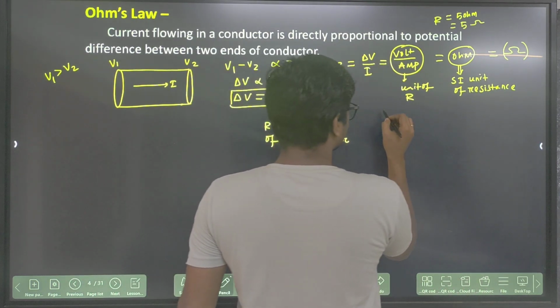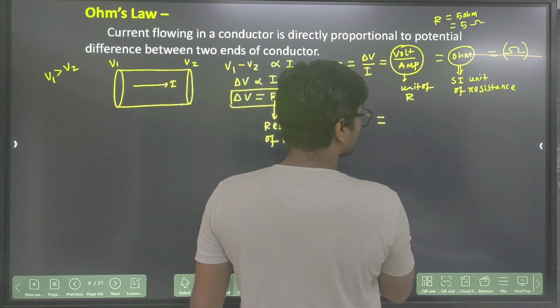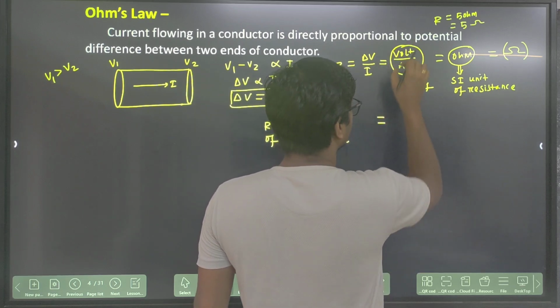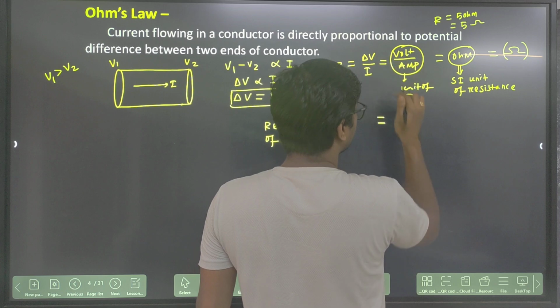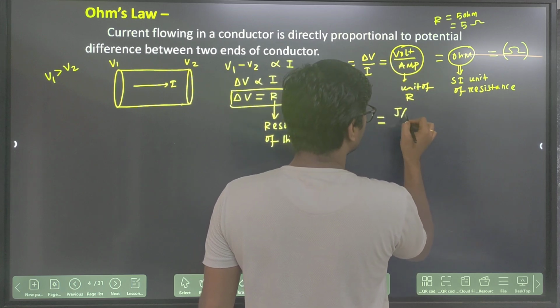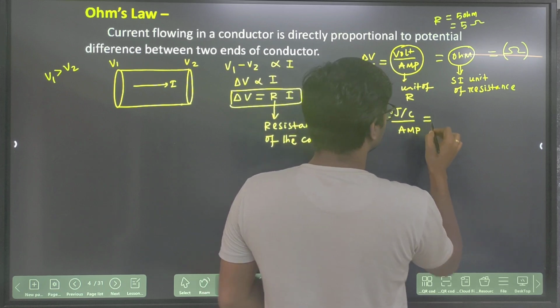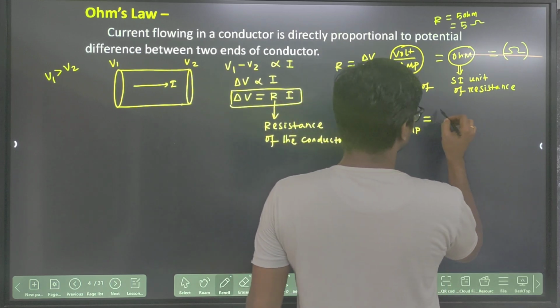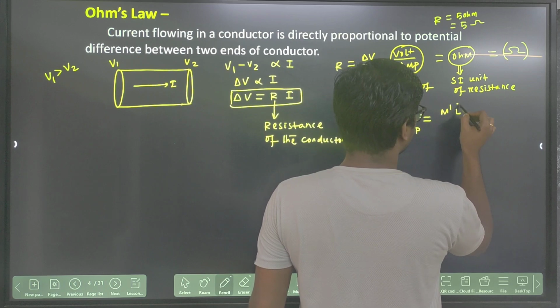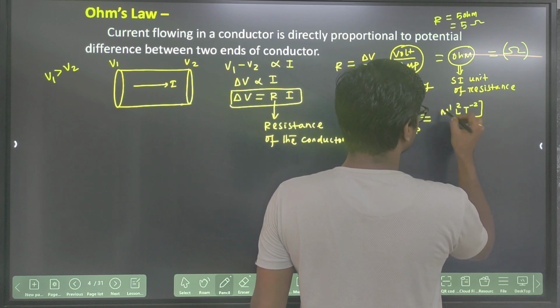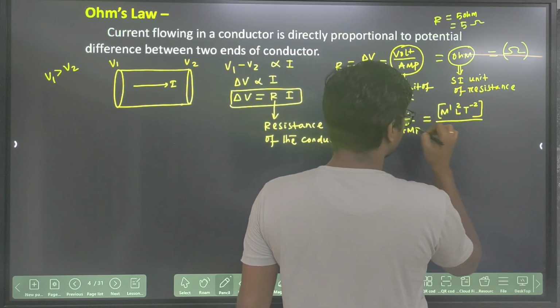Now if someone asks, can you write down the dimension? So the dimension you can derive from here. We'll say volt per ampere. Volt can be written as joule per coulomb, divided by ampere. Joule is M1 L2 T minus 2, divided by coulomb into ampere.